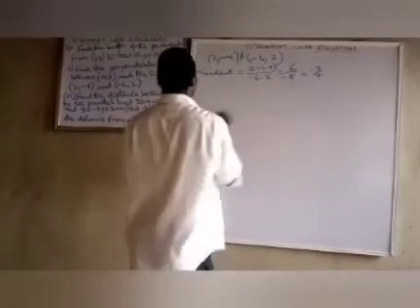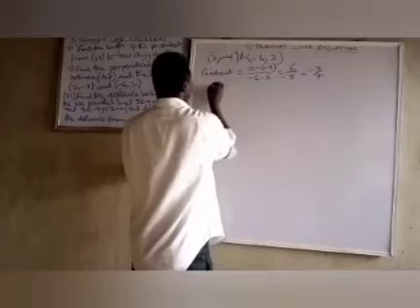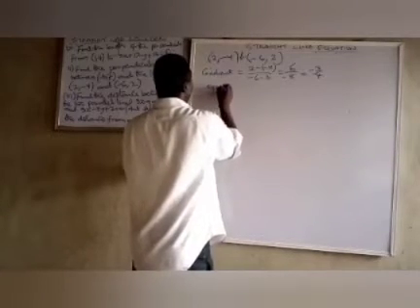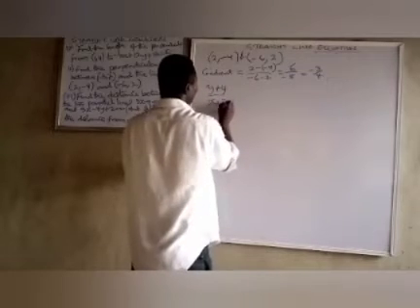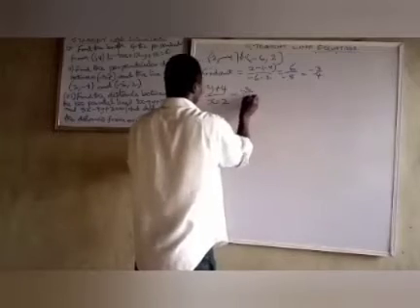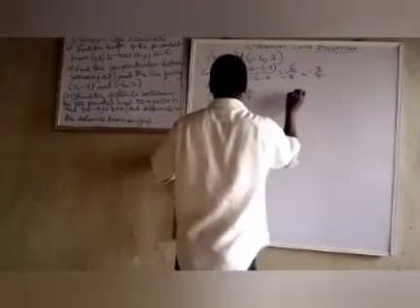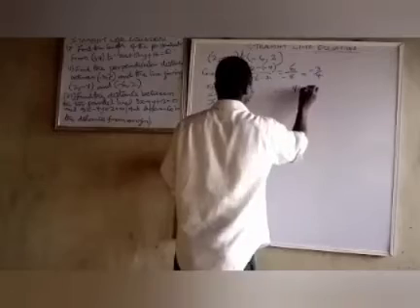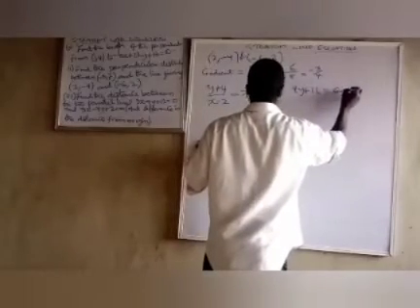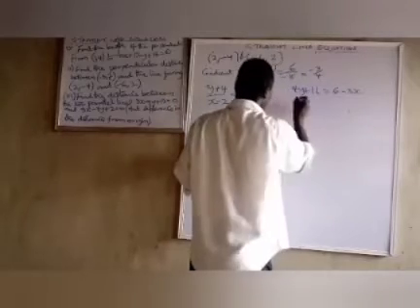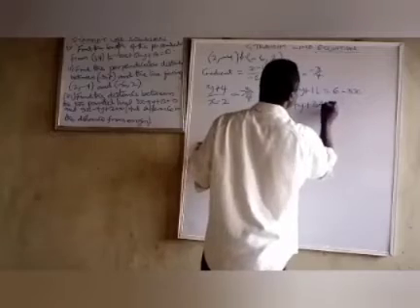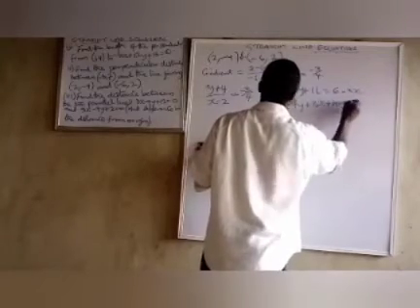So our line will now be (y + 4) over (x - 2) equals -3 over 4. Therefore 4y + 16 = 6 - 3x. So the line equation will be 4y + 3x + 10 = 0.